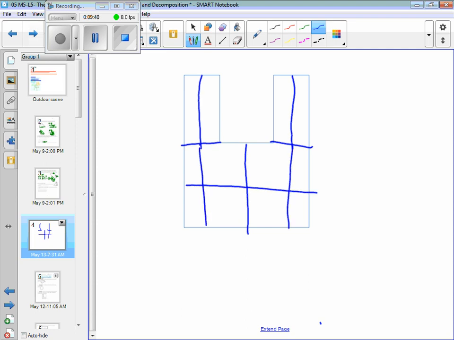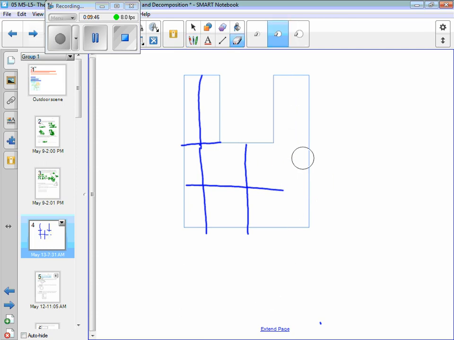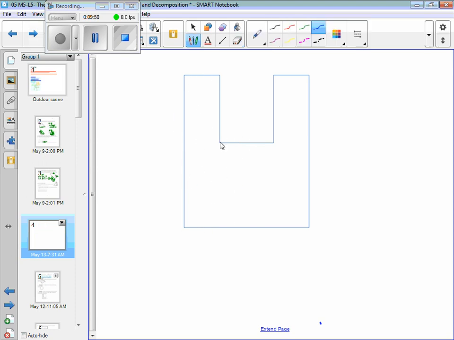Three rectangles? I can make 3 rectangles. Let me give you a hint. Do you only need to make 2 lines? One vertical, one horizontal, and in doing that, you're going to make 3 rectangles. Think about what the first 2 kids did, and you're really just combining the two.